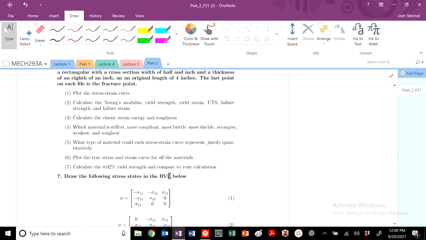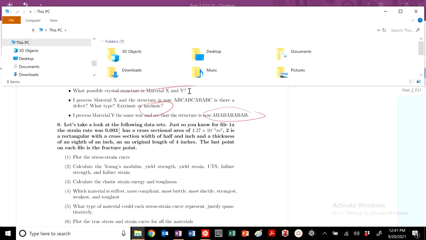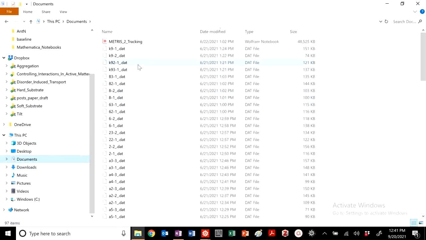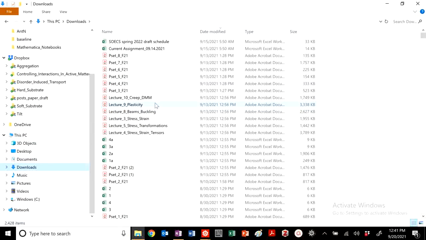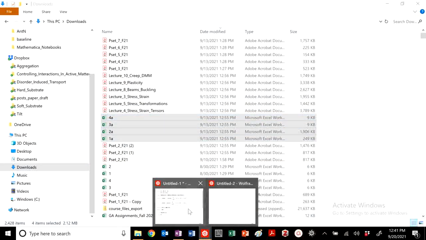Now, let's get into number 6. We're going to do it as systematically as possible, but let's take a peek at what we're working with here. Let's pull out some data files. Let's look at my downloads. Here we go. So these are my raw data files.